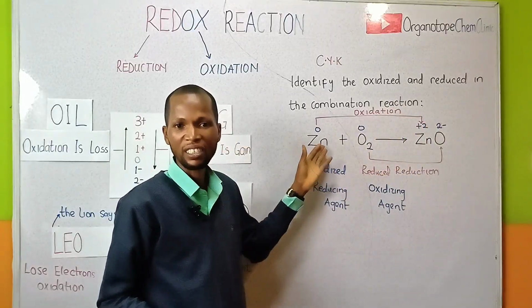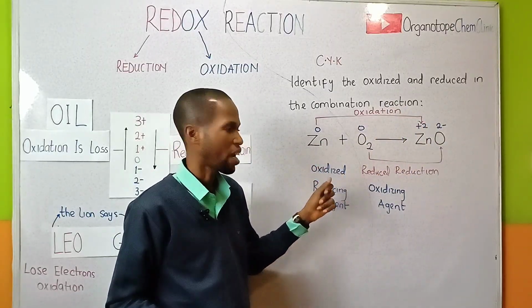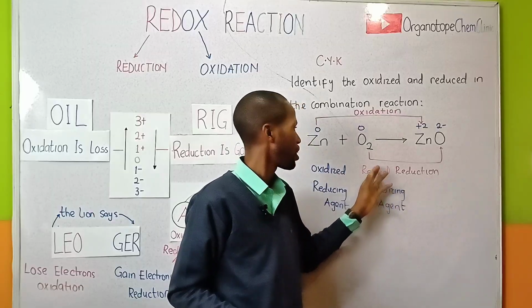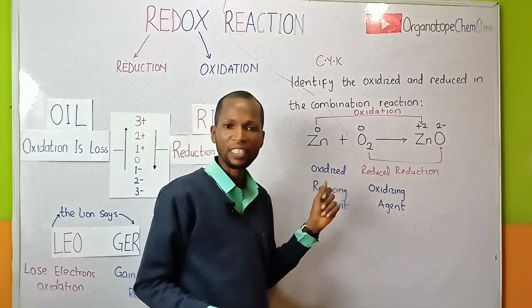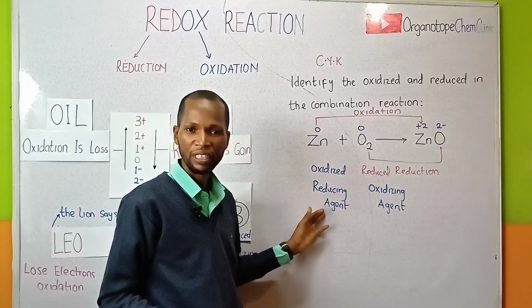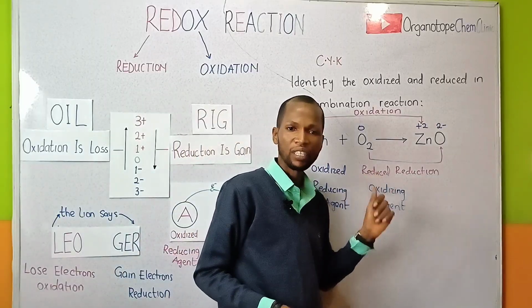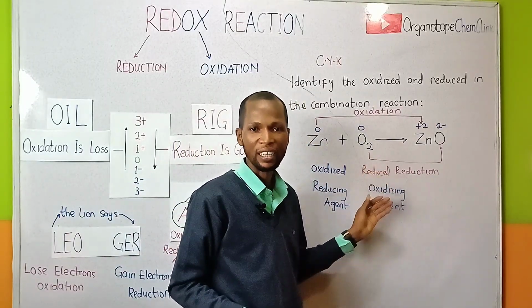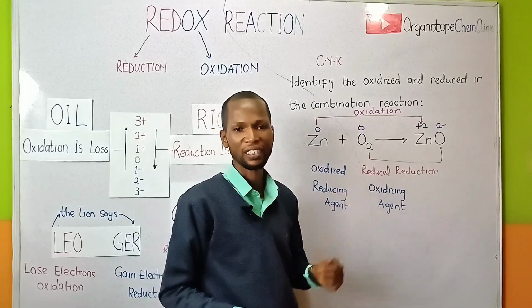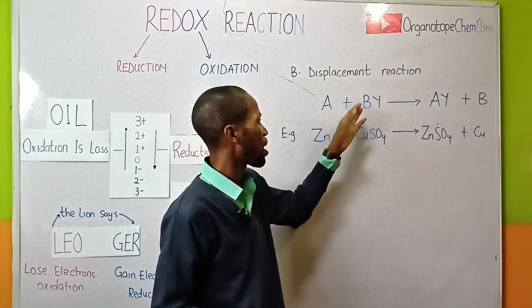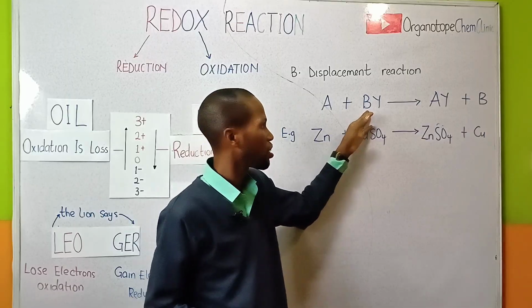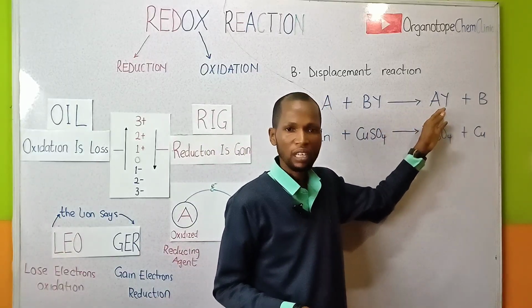The oxidized is the zinc atom right here, while the reduced is the oxygen atom here. The oxidized atom is said to be what? The reducing agent, while the reduced molecule right here is said to be the what? Oxidizing agent. Makes sense? In a displacement reaction, an atom A will displace atom B, thereby forming what?